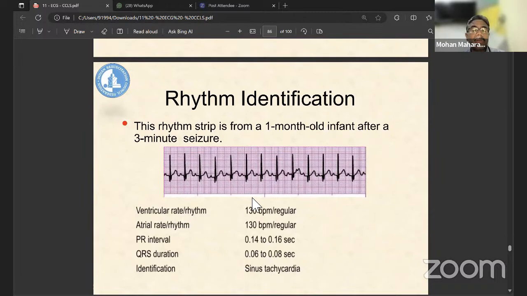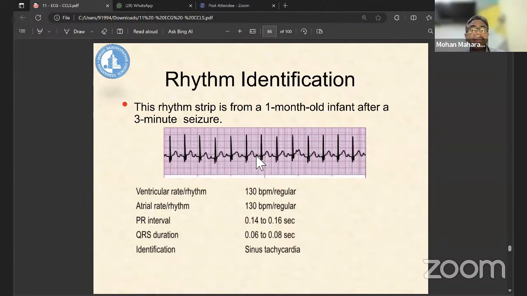Do you have any difference in size here? It's a sinus tachycardia. Actually, I do not know exactly about a 1 month old seizure, but it's sinus, and at the same time the normal rate itself is higher. So it's okay, because this is more than 130, we call it a sinus tachycardia.